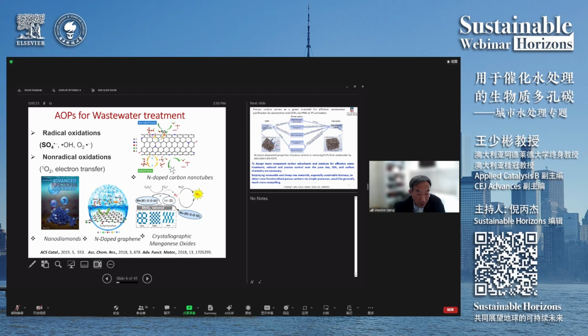We found that such a system can have a radical reaction pathway, and it also has a non-radical pathway. In these two different systems, the carbons play a very significant role in terms of structure and also functionality.